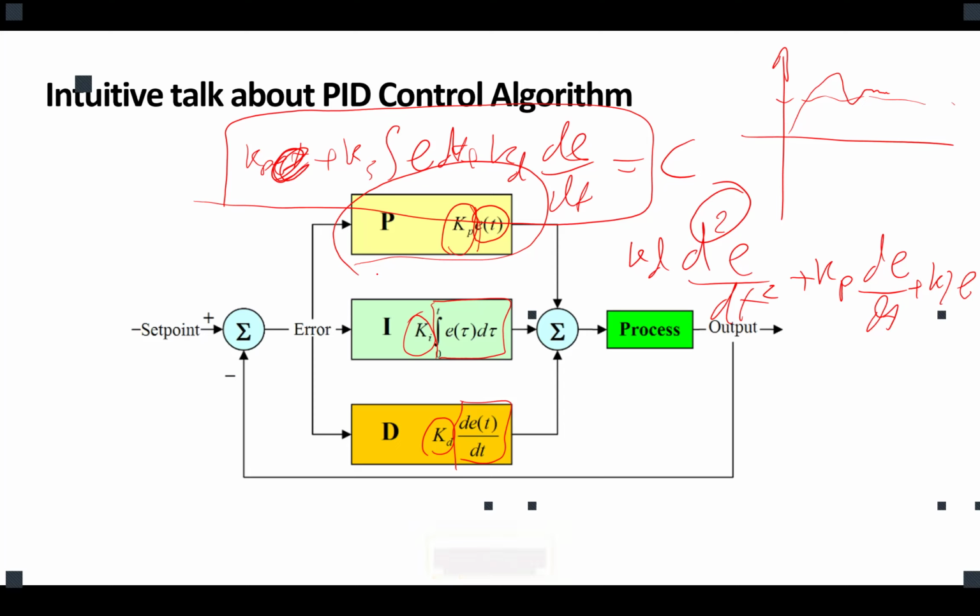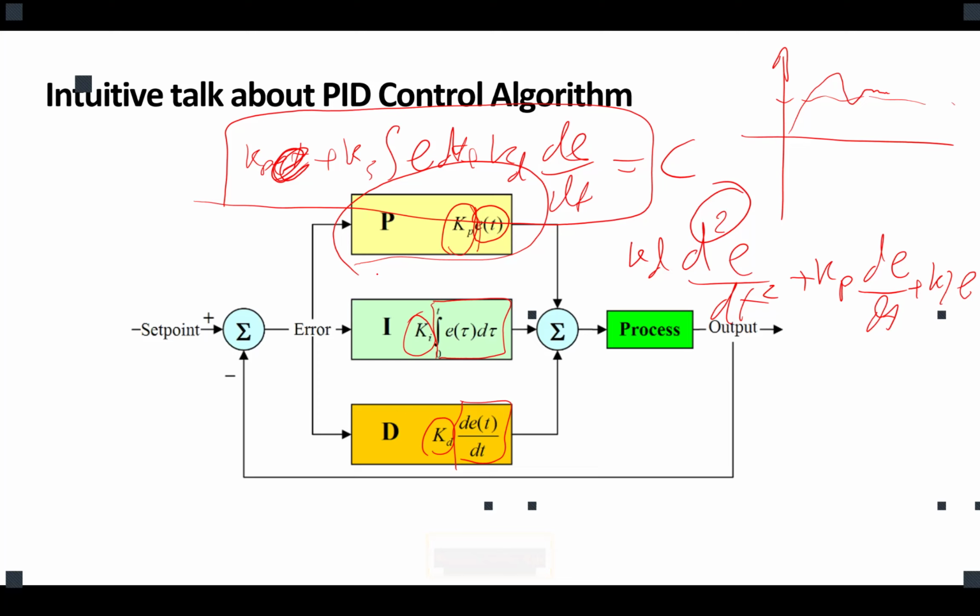Or let me ask another question, because I wanted to give you an intuition about the integral and differential too. If the integral gives us the accumulated errors, meaning it kind of works as a memory and gives us all the errors in the past, and we know the differential is the reverse of the integral, what is the differential going to do for us?